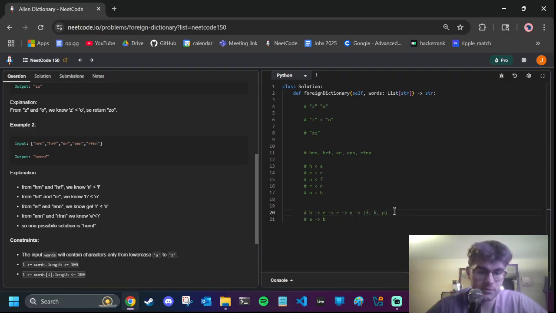So that's another example where it could have many different solutions based on the knowledge that we get.